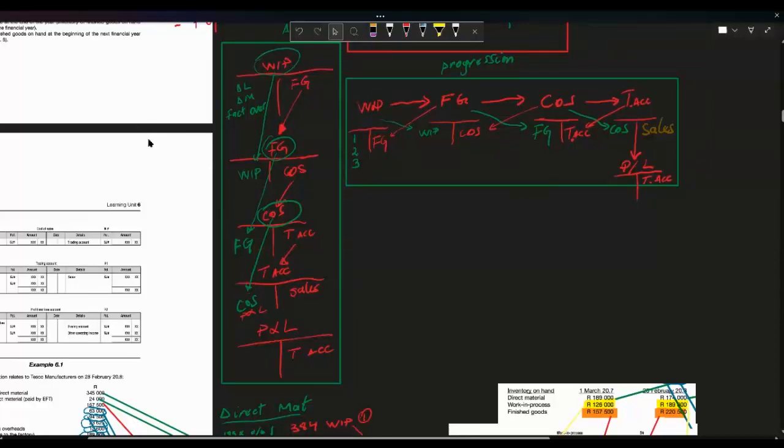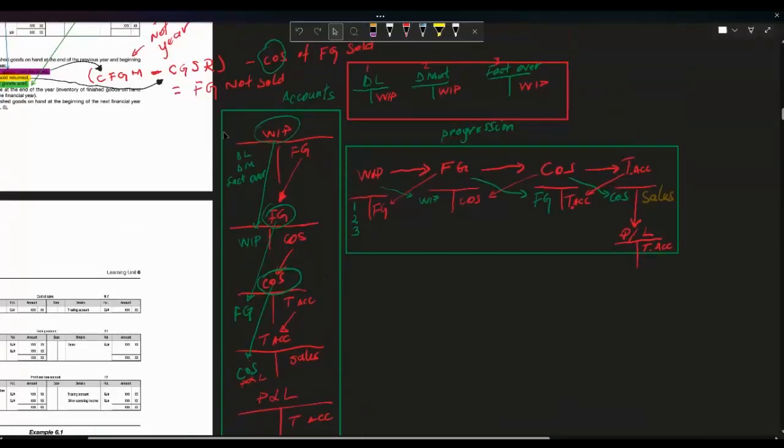But this progression, I have put it in another form for you to better view it. You see, it's always about providing you multiple angles for you to understand your learning units, right? So this is another angle. When you see there is work in process, after the work in process, there will be finished good. So you can see on the left and on the right.